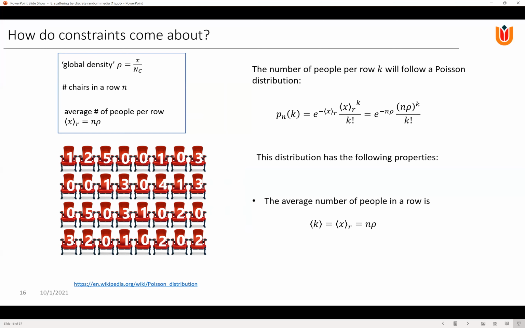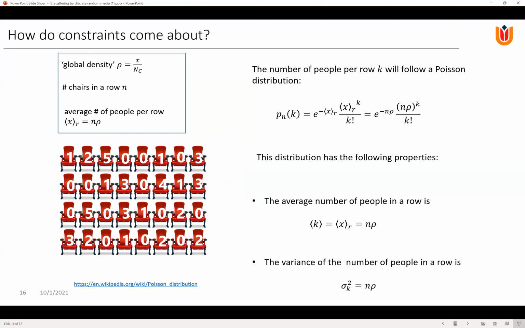If you have a big room with a lot of chairs, a lot of people, then the average number of people per row is going to be equal to the overall average. The variance of the number of people per row, so the variation around the mean, has this expression.